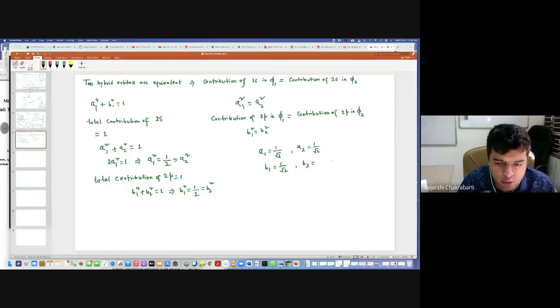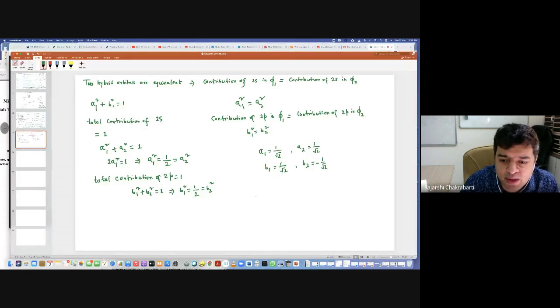Can b2 be 1 by root 2? No, it has to be minus 1 by root 2 because of the directionality. If you take b2 to be 1 by root 2 as well, then the two hybrid orbitals will be identical. You cannot have identical orbitals.